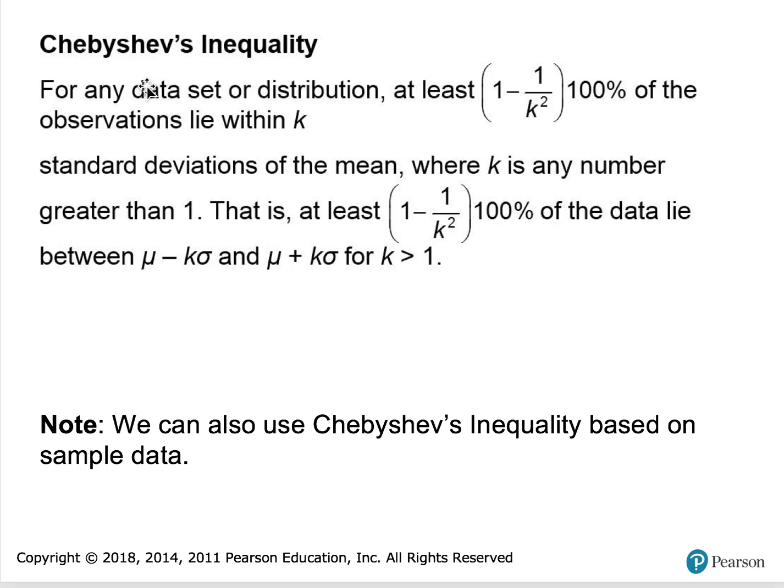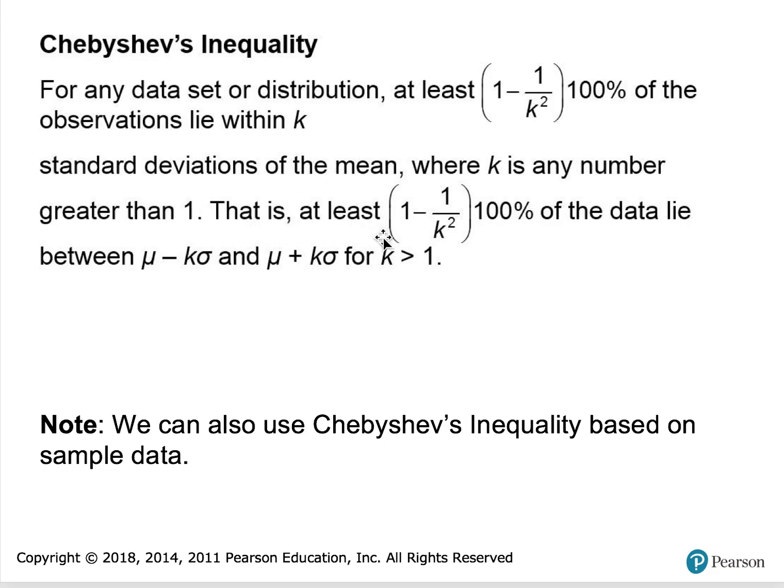So here's what Chebyshev's inequality says. For any data set or distribution, at least 1 minus 1 over k squared times 100% of the observations lie within k standard deviations of the mean, where k has to be greater than 1.